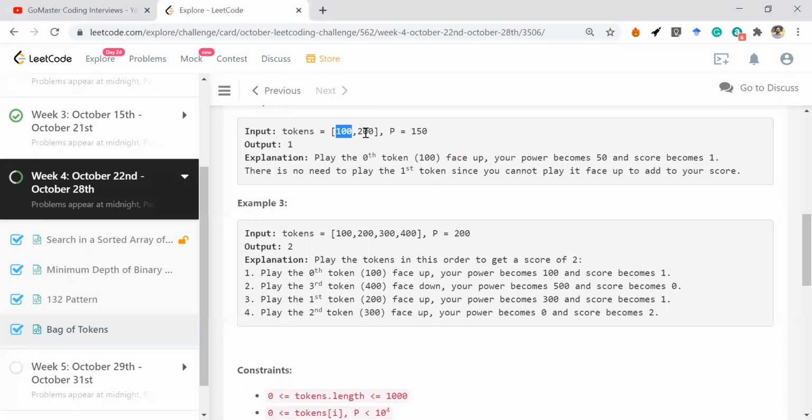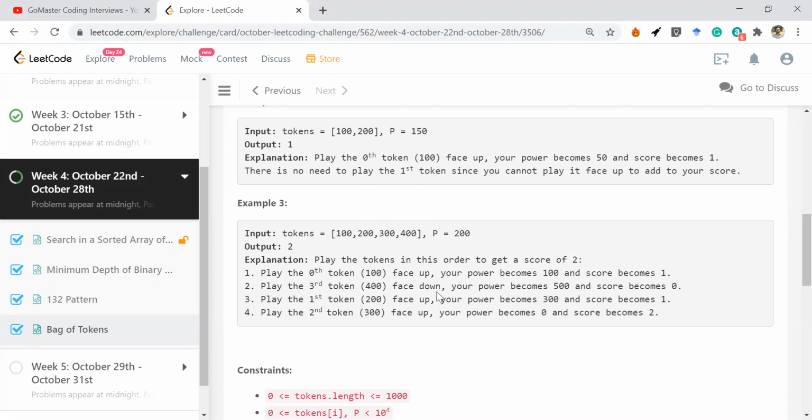But after that, there is only one token left, and if you want to increase the power, there is no point in doing that, because you're going to spend the only one score you have on the token, and you don't have a way of gaining another score, because both tokens are already used up. So that's why the answer is only one.